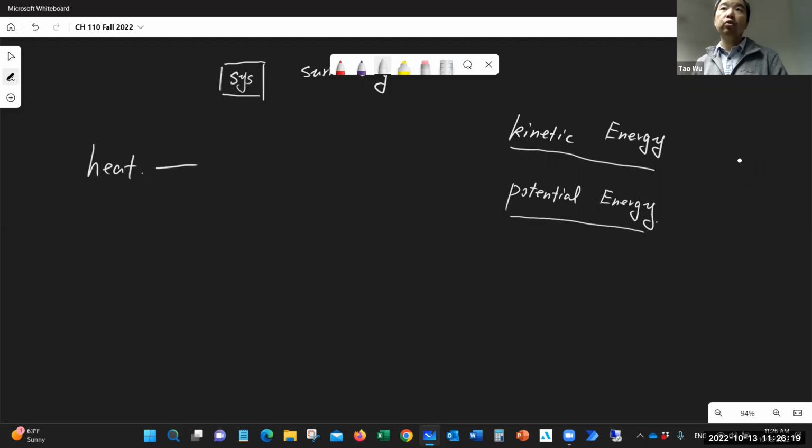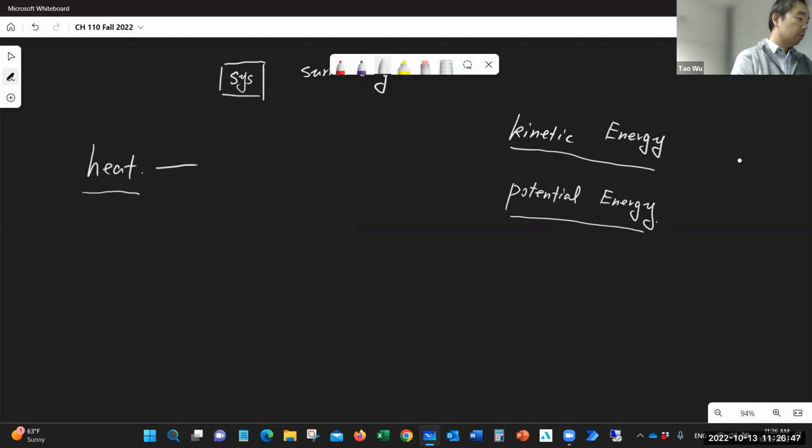In chemistry, we also talk about potential energy, but that energy is the energy stored in the bond. We're not talking about this here. Just realize we do have those two different kinds of energy, but in thermal chemistry here we're only talking about heat.